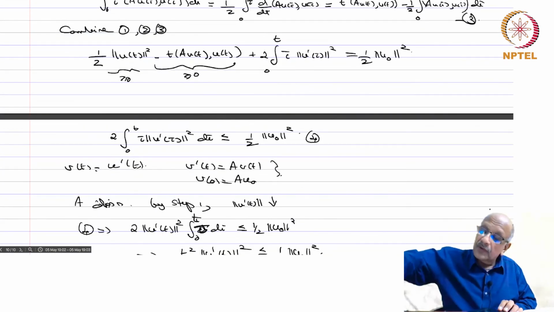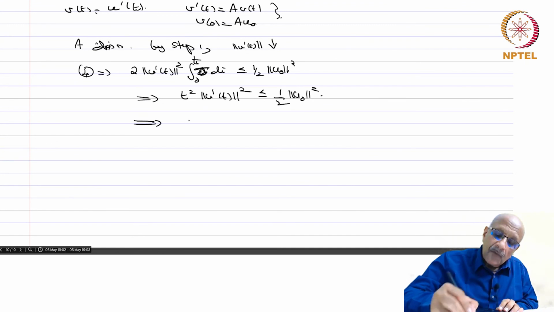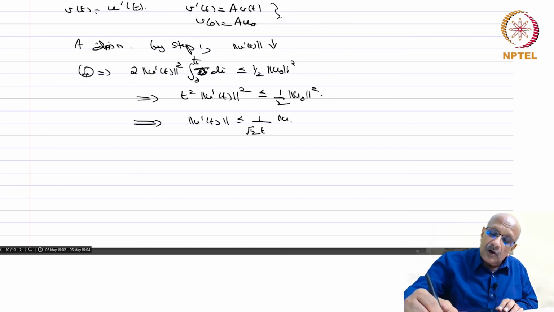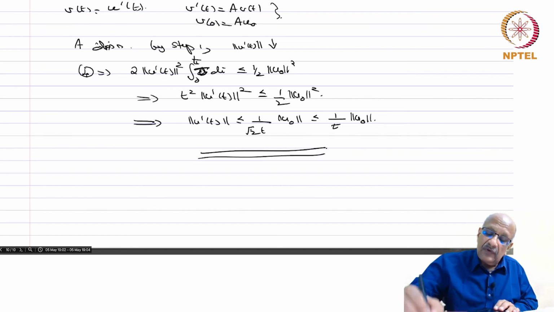So, from this you get norm u'(t) is less than or equal to 1 by root 2 times t, times norm u naught. Of course, that is less than or equal to 1 by t times norm u naught. The root 2 we do not bother about. So, we will remember this.